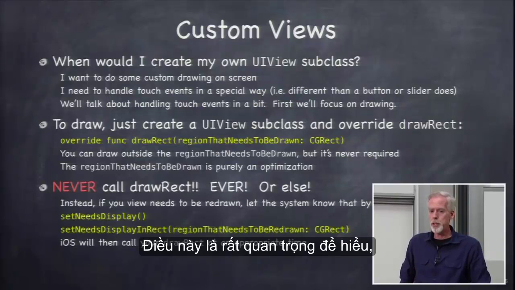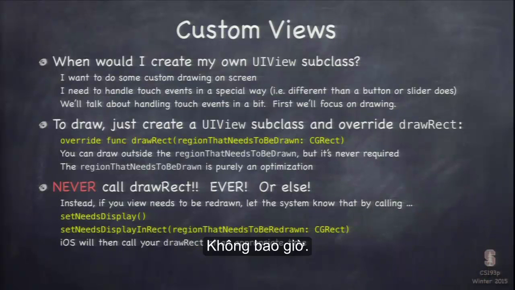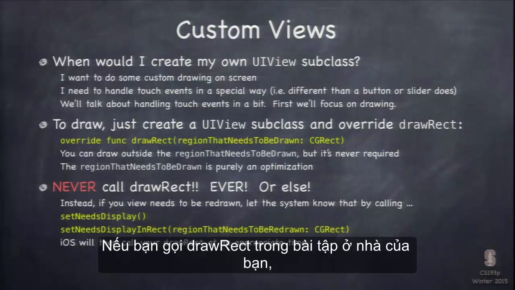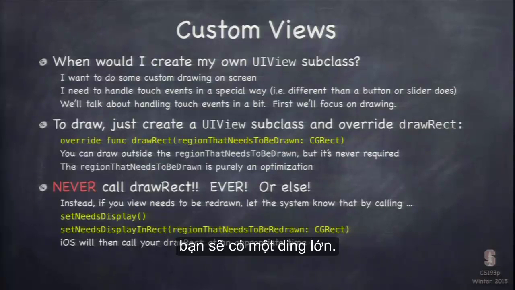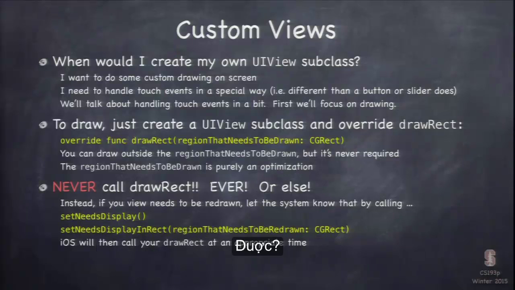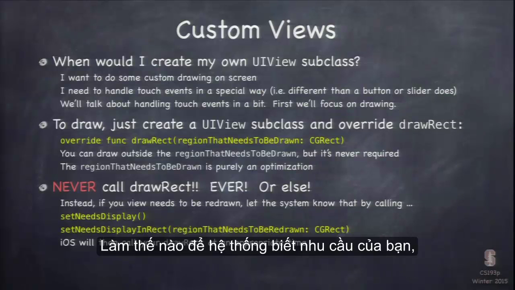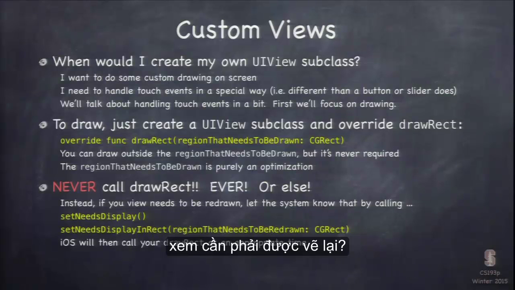This is very important to understand. You never call drawRect. Ever, never, never. Okay? If you call drawRect in your homework, you're going to be major ding. Because I'm standing here in front of you with red text on my slide saying never. Okay? Do not call drawRect. drawRect is called by the system. Okay? It's called by the system when your view needs to be redrawn. How does the system know your view needs to be redrawn?